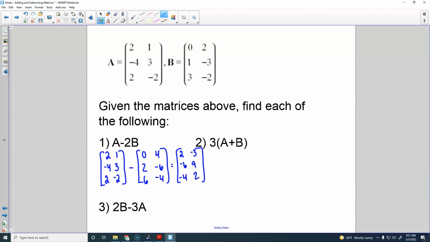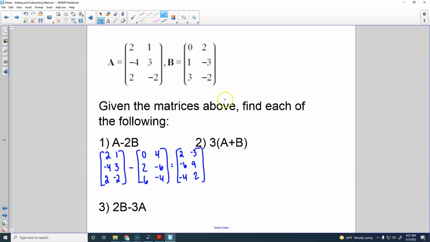Okay. On number 2, what are you going to have to do first? You could do that. You can multiply both of them by 3. I would add A and B first in this case because you can put those together. It is okay to distribute there and it will give you the same answer.